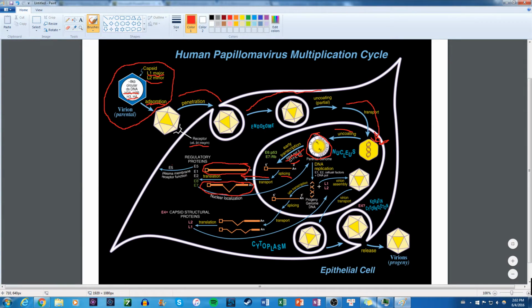Now the important proteins that I want to focus on for the next 30 seconds or so are E6 and E7. E6 binds to P53, E7 binds to RB. Essentially, what binding to those two things does is tell the cell to not kill itself. It prevents apoptosis, and it tells the cell to start growing. And with growth, you get DNA replication and protein synthesis.